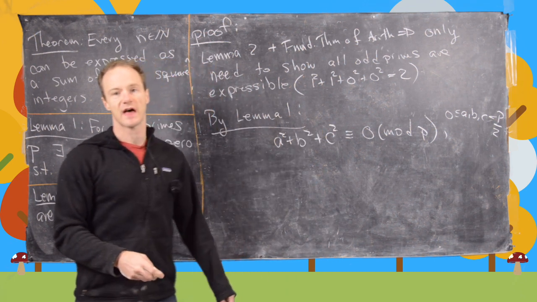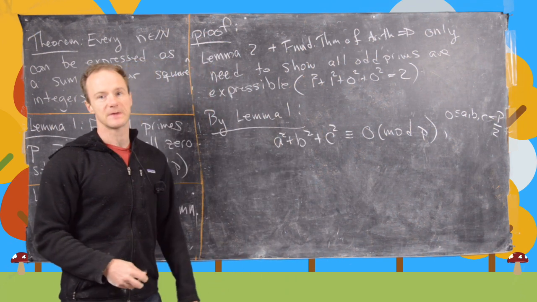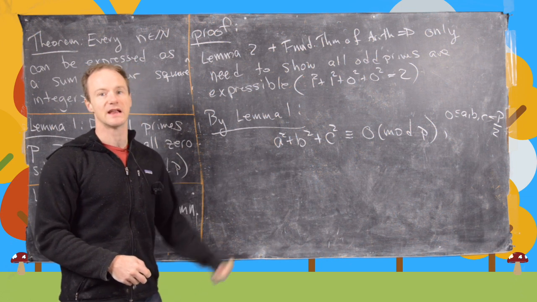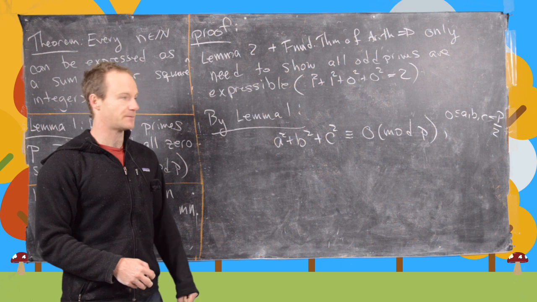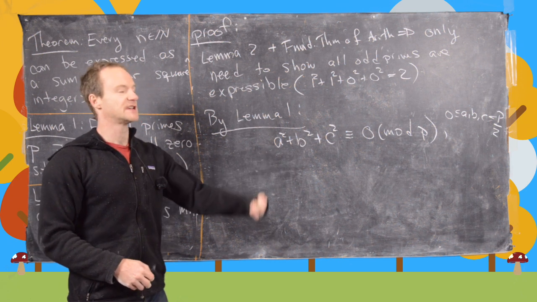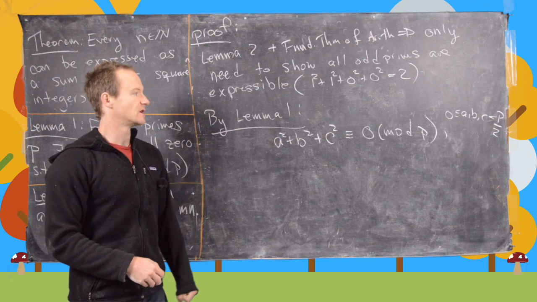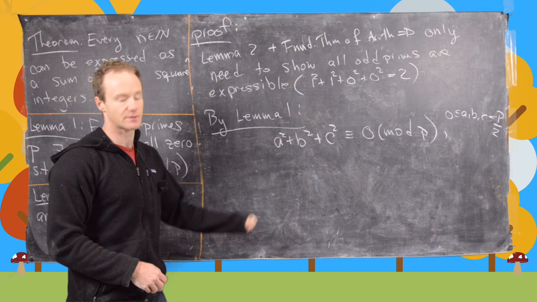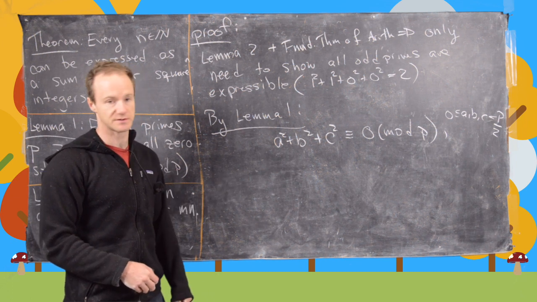So why can we do that? Briefly, it's because we have a complete residue system between negative p over 2 and p over 2. But since we're squaring them, using the negative residues mod p is equivalent to using the positive residues mod p, so we might as well use the positive residues mod p.